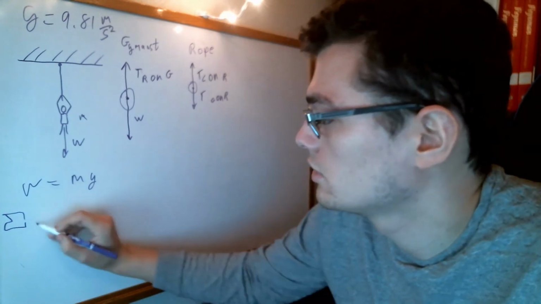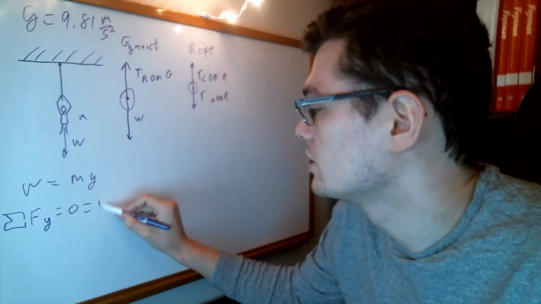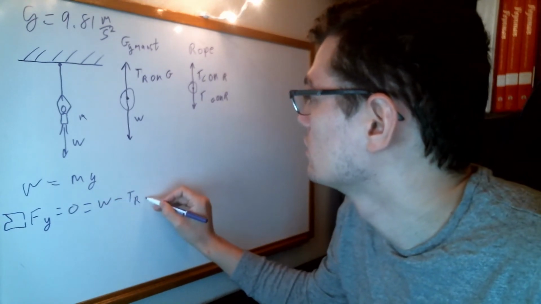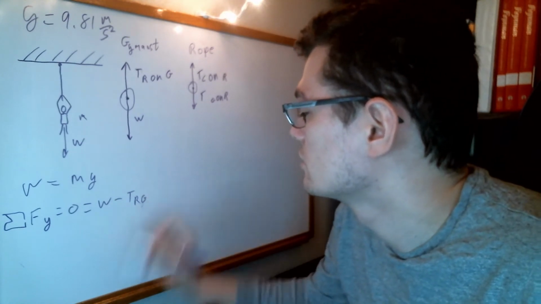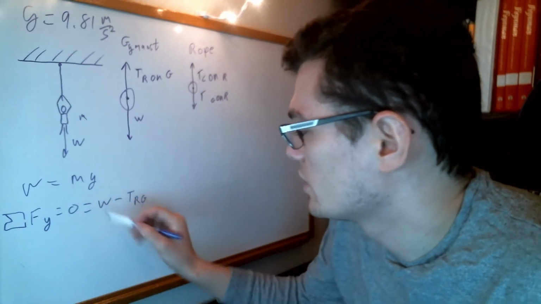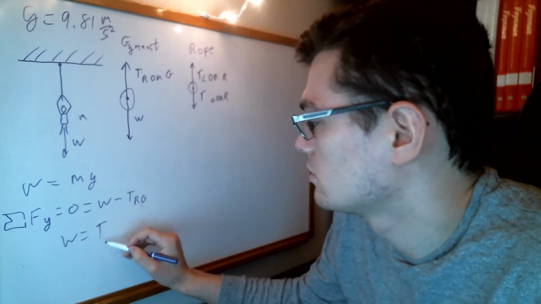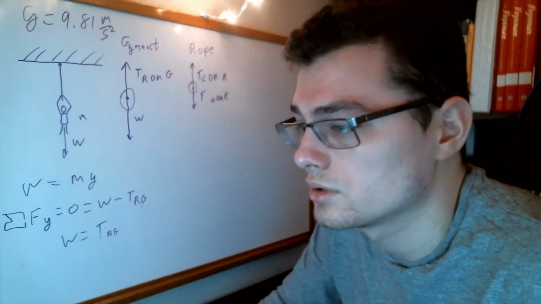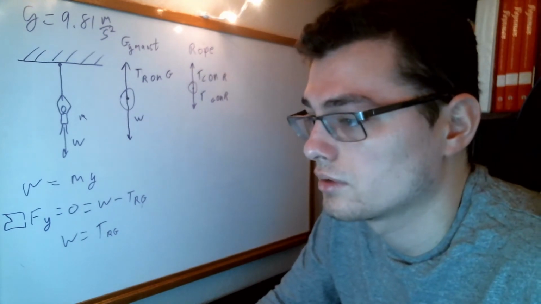Or his weight. So sigma Fy is going to be equal to 0, and so that's going to be equal to mg or W minus TR, and I'm just going to abbreviate this as TRG, T rope on gymnast. And so then we can solve this equation here, and we can say that W is equal to TRG.